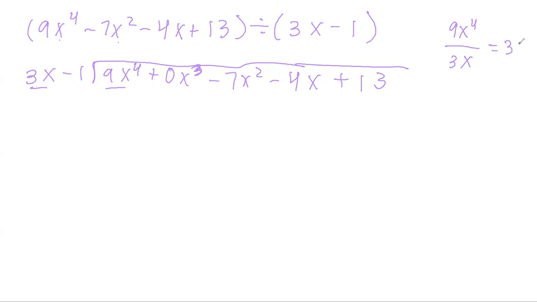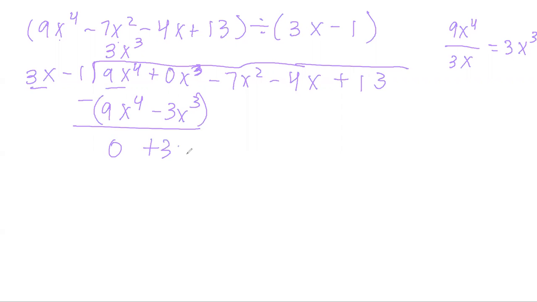So that's 3x cubed. So I just put up here 3x cubed, and then I multiply, so I have 9x to the 4th minus 3x cubed, and so I subtract, so I get 0 here, 0 minus negative 3x cubed, so I have just plus 3x cubed. Bring down the minus 7x squared.